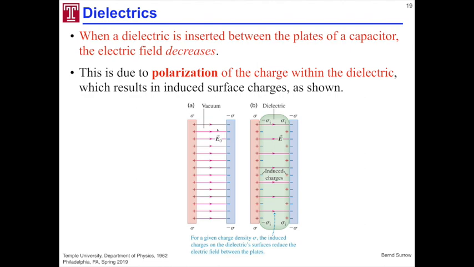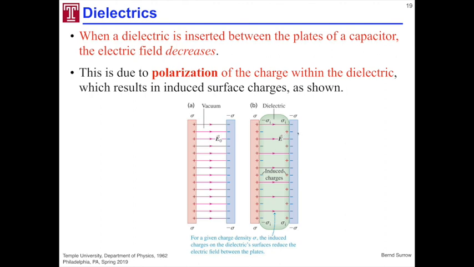Now, the overall orientation is the following. You have on the left-hand side a positive plate, right side a negative plate. Now you insert the dielectric material. And what you have is that molecules orient themselves in a way that their negative side is oriented towards the positive plate, and the positive side is oriented towards the negative plate.